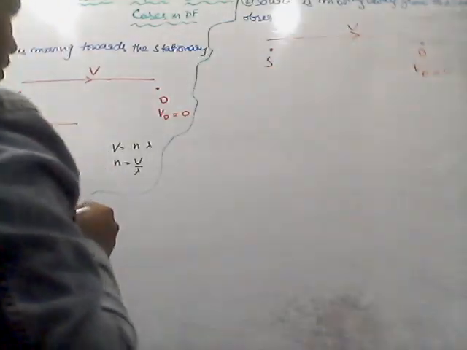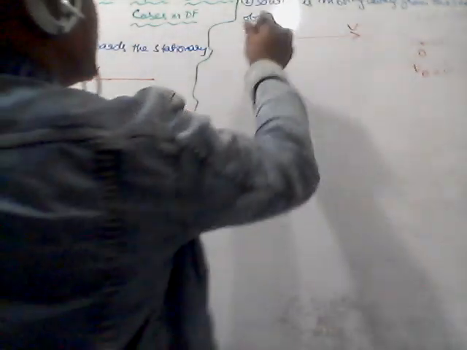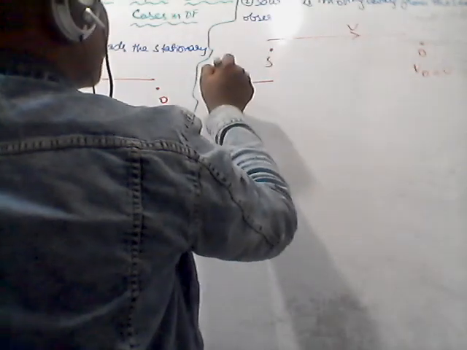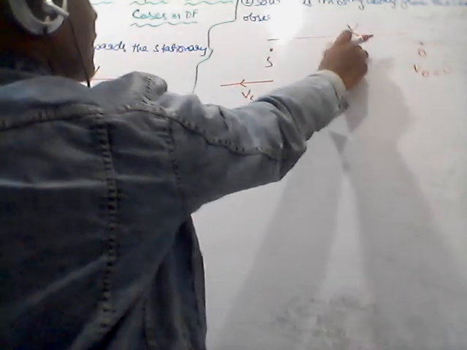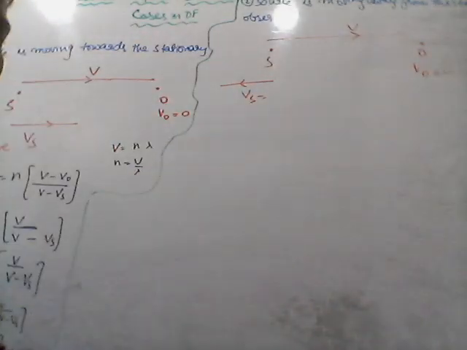This is S, this is O, and V is always in this direction. The observer is stationary, they gave 0, because we are doing the initial cases, so we'll take a stationary observer. Now here the source is moving away, in this manner, away from the velocity of the sound, the opposite direction of the velocity of the sound.